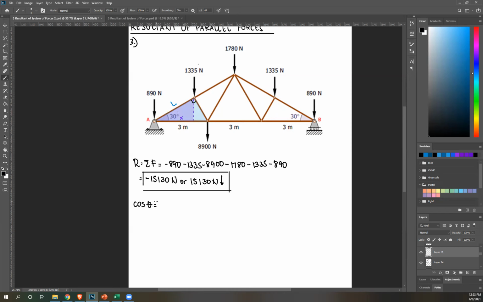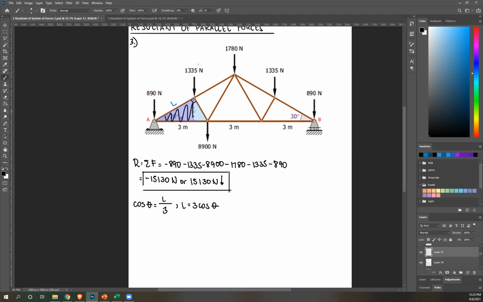Cosine theta equals adjacent, which is L, again considering the larger right triangle, over hypotenuse, which is 3. So from this, our equation is L equals 3 cosine theta.